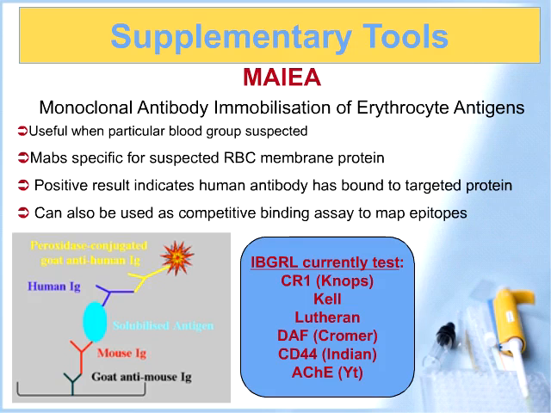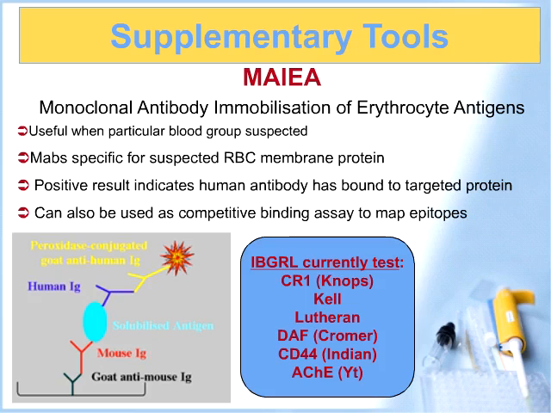So you can use specific monoclonal antibodies for the protein that you suspect, and you incubate it with the cells and the human sera, and if both the human antibody and the monoclonal antibody bind to the same target protein, then you're going to get a positive result in the MAIA, because we release the trimolecular complex by solubilizing the red blood cells, capture it on a plate, and then detect it.